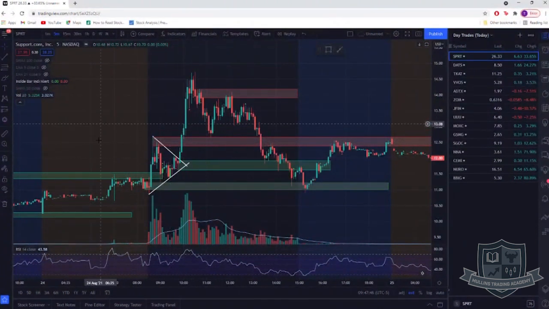So you've captured a fresh new bunch of shorts as you've rushed through this with buying. They've sold to you, but you've already put them underwater, and now they have to cover. And so it's a different sort of dynamic than what happens with support and resistance, because support and resistance isn't typically based on orders that are still waiting there.